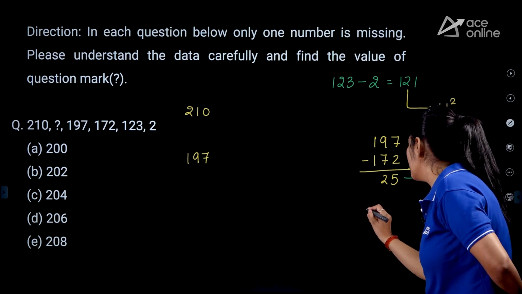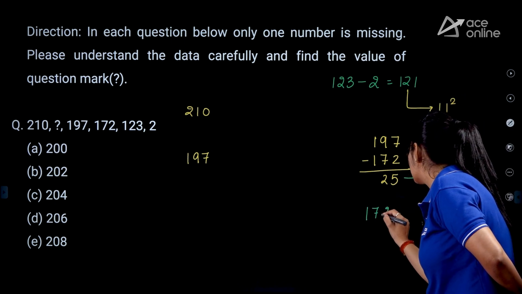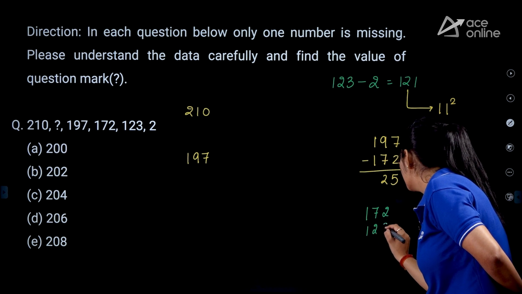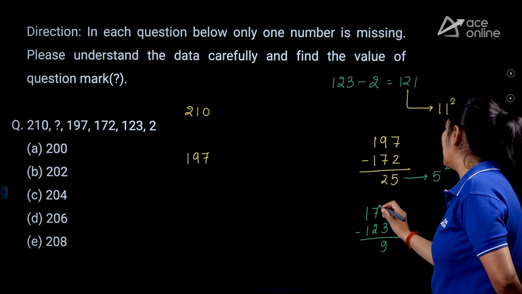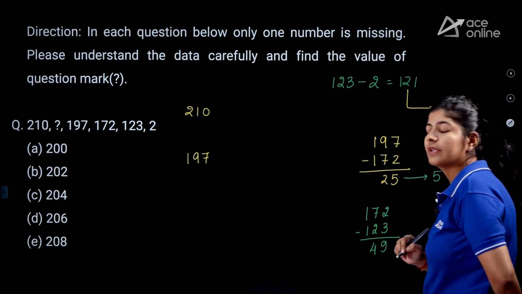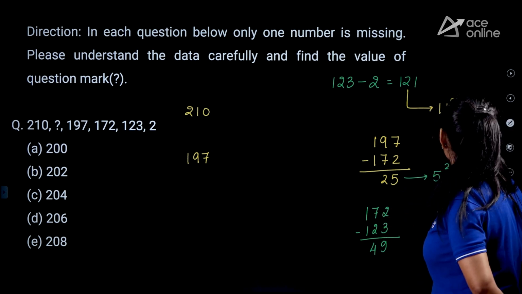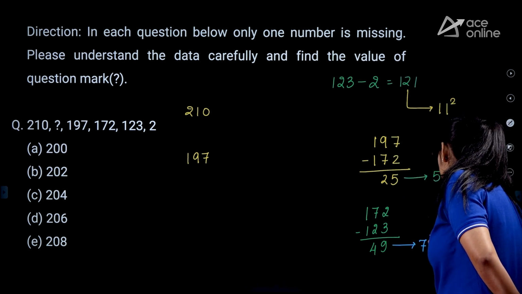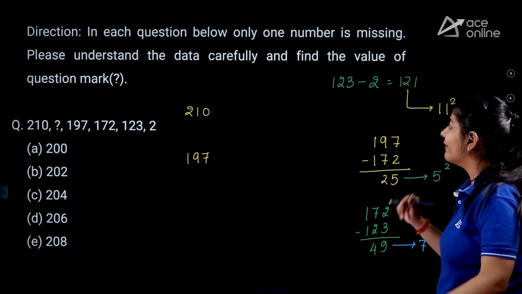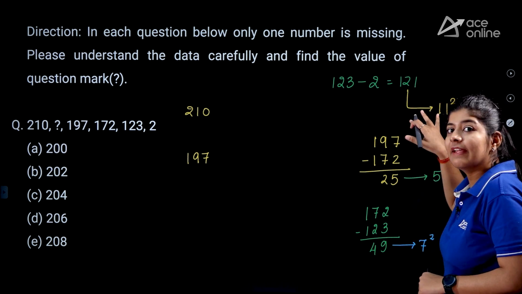Okay. Now, I subtract 123 from 172 and we are getting 49, and we know that this is the square of 7. But after that, we are getting the square of 11 directly.